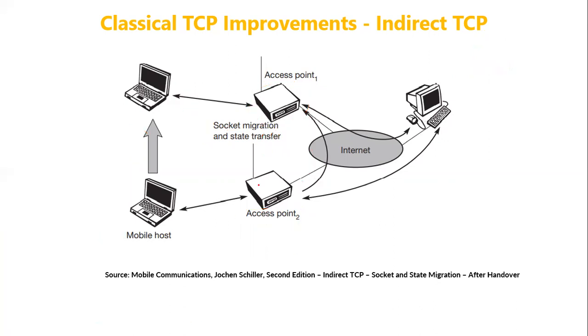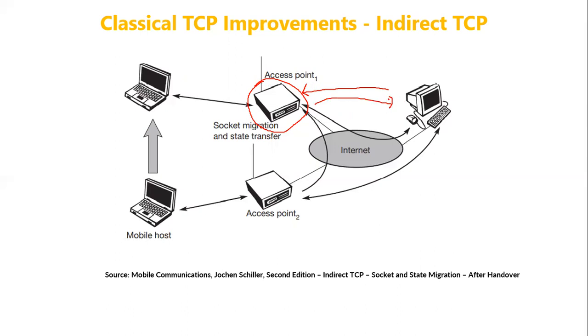So this is the drawback with this particular technique. TCP is supposed to provide end-to-end service. Now the access point is acting somewhere in between. If there is any data packet sent from CN to MN, first it reaches the access point, that is, the foreign agent, because the foreign agent acts as the access point. Now the foreign agent or the access point sends the acknowledgement.